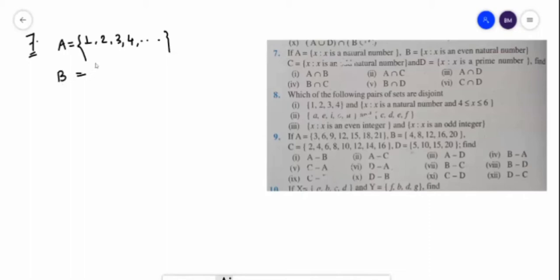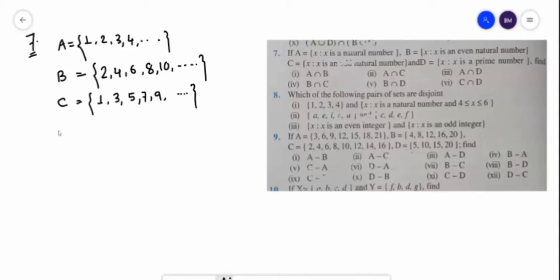B is the set of even natural numbers, so 2, 4, 6, 8, 10 like this. C is the set of x where x is an odd natural number, so C is equal to 1, 3, 5, 7, 9 and so on.